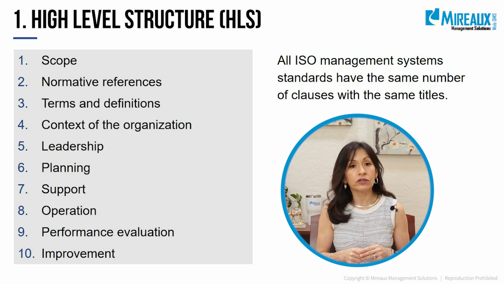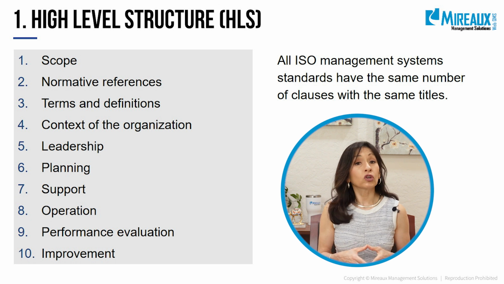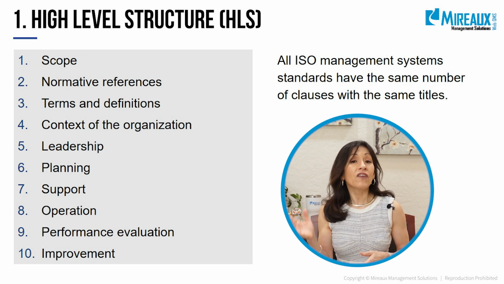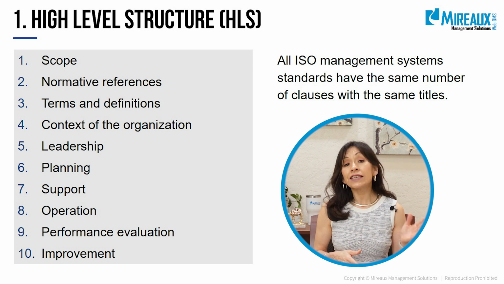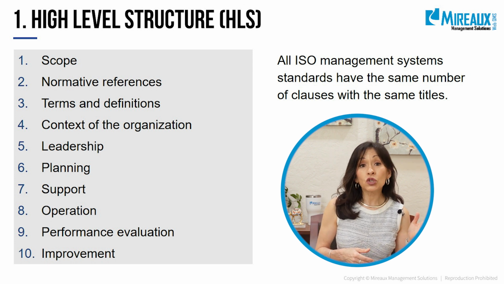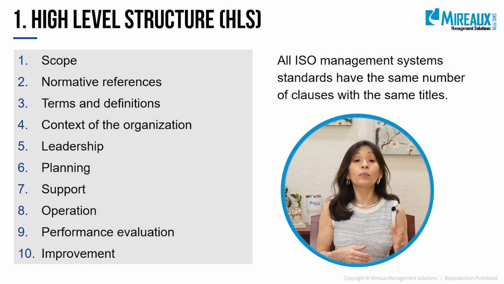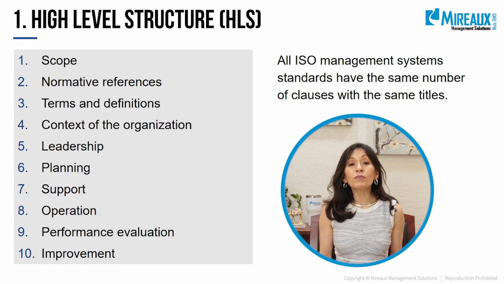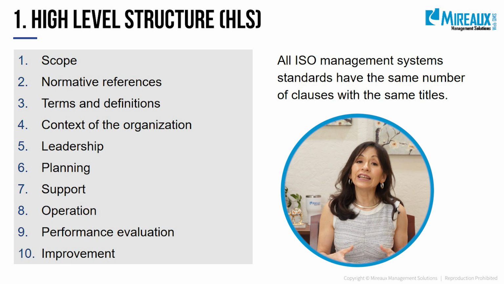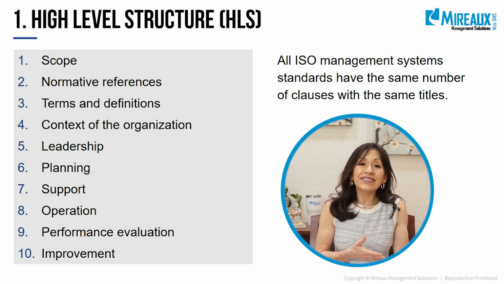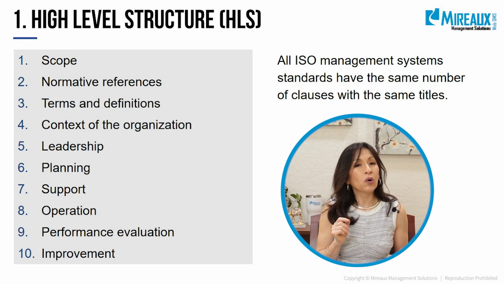Terms and definitions, then the core auditable clauses, which are 4. Context of the organization, 5. Leadership, 6. Planning, 7. Support, 8. Operation, 9. Performance evaluation, and 10. Improvement. Once you know this structure for one standard, you largely know it for all the other standards.